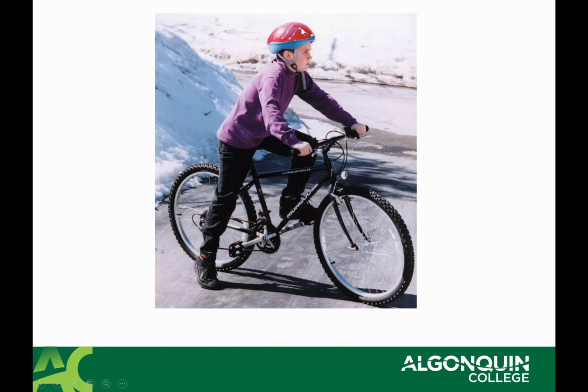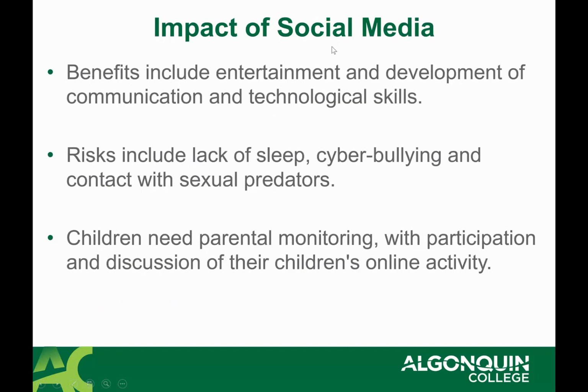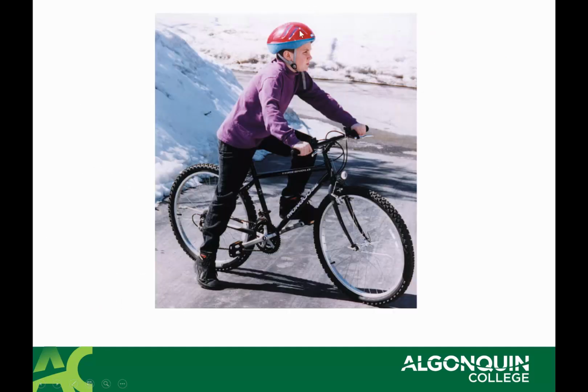That coronal suture that you have in the skull is called the coronal suture because corona is Latin for crown, and your bike helmet should not be sitting on that. Your helmet should not be sitting across that coronal suture of your skull. It should be down across your brow, just like this girl's got.